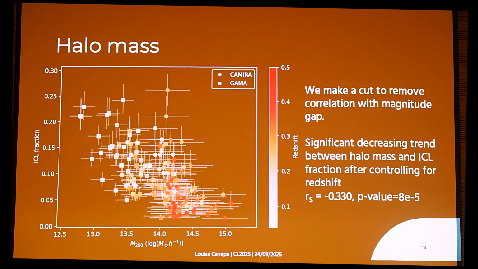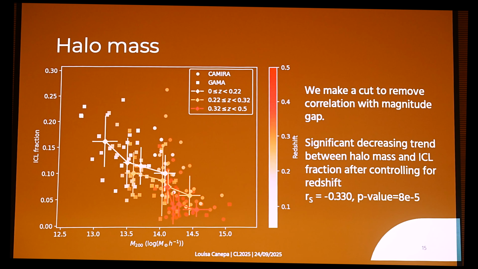Moving on to halo mass. So we make a cut to remove the correlation between halo mass and magnitude gap. I can't show you a pretty picture with just the effect of halo mass because its correlation with redshift is too strong for me to take it out with just a cut. But I've got this one where I have binned it into smaller redshift bins so you can see a bit more what's going on there. And so what we do here in order to remove this effect of redshift, to control for it, is a partial Spearman correlation.